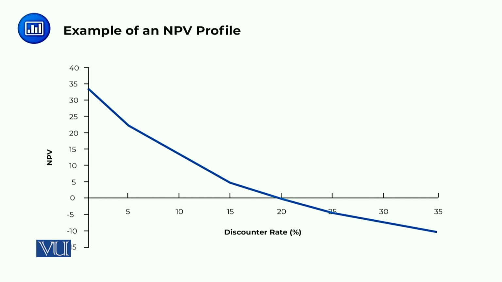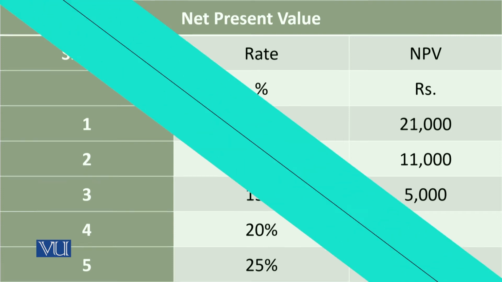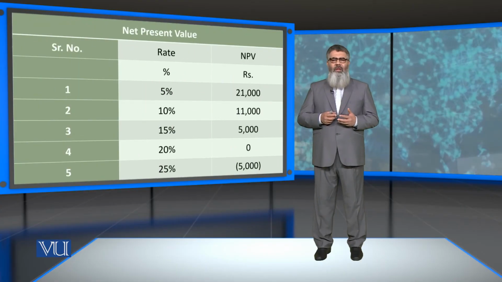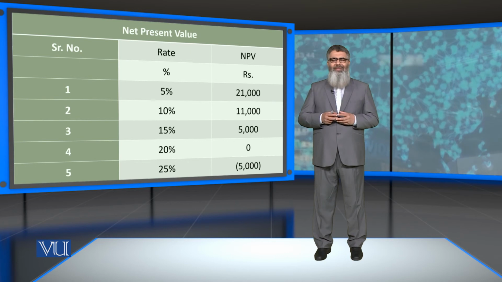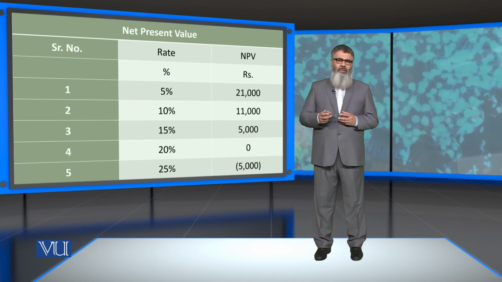Let's see how net present value is calculated with different rates of return. In this spreadsheet which is in front of you, you can see that if the rate of discounting increases from 5% to 25% with a 5% increase to 10, 15 and 20%, the net present value actually reduces.